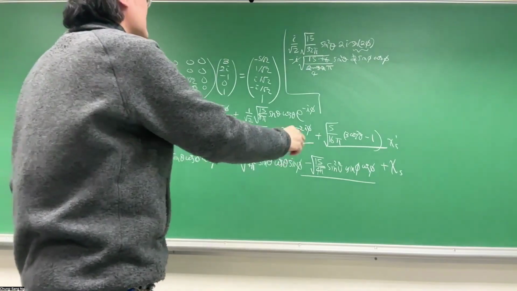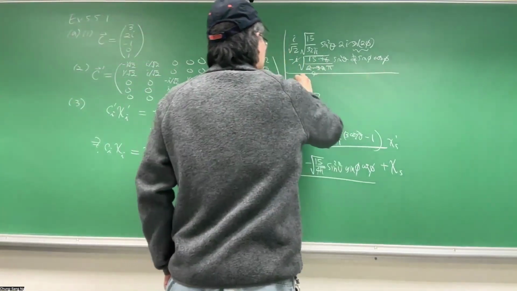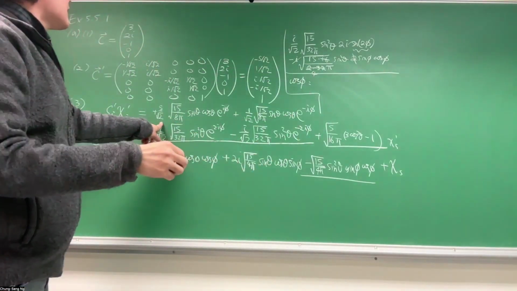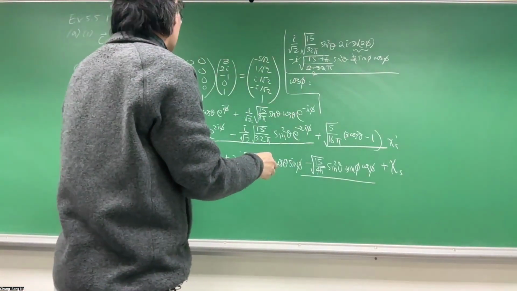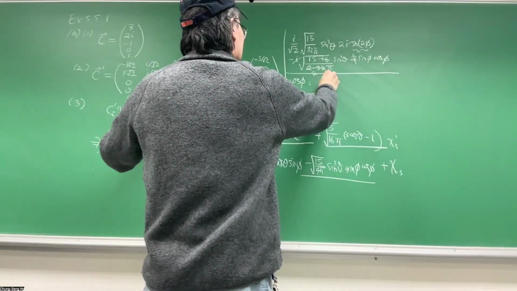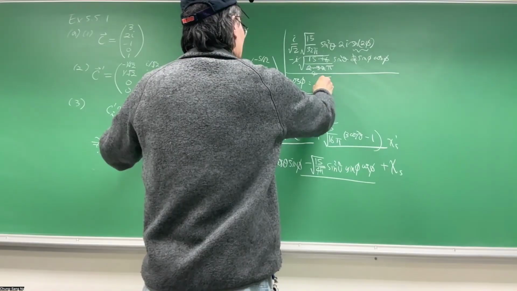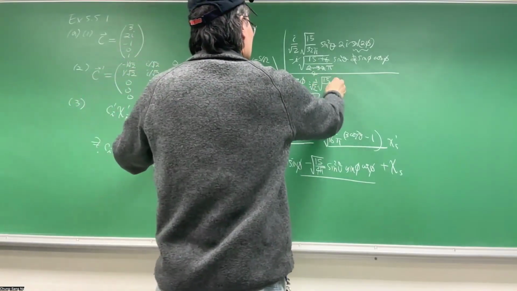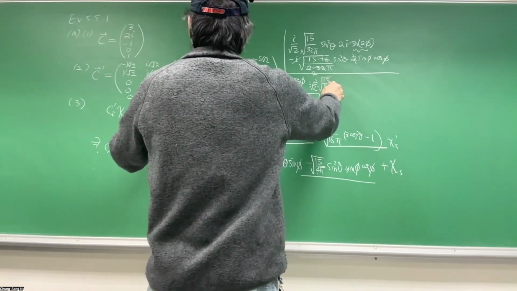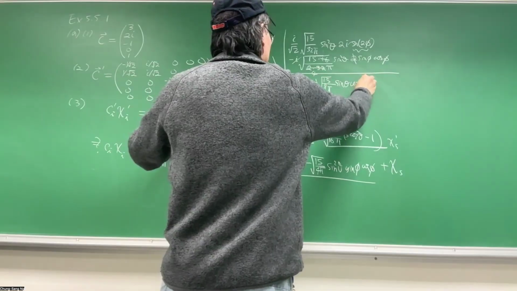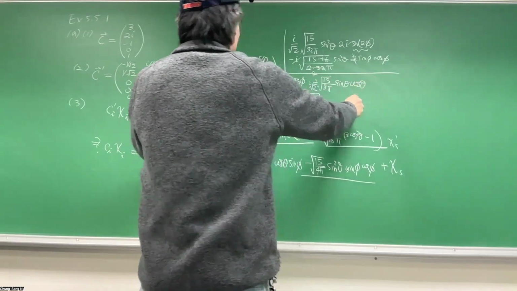The common factor is 15 over, well, we have square root of 2, those are common also, 8 pi sine theta cosine theta and cosine phi.